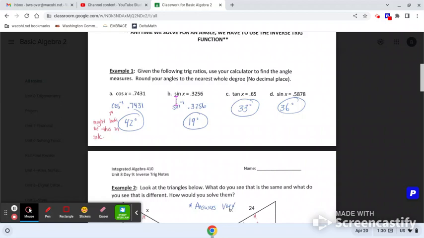I hit second or shift sine and I type in 0.3256. And there's what I get. So try C and D. Make sure you know how to use your calculator. Make sure you get those two answers. If need be, hit pause on the video so you can actually try it, and then unpause it when you have actually tried it and practiced using your calculator.